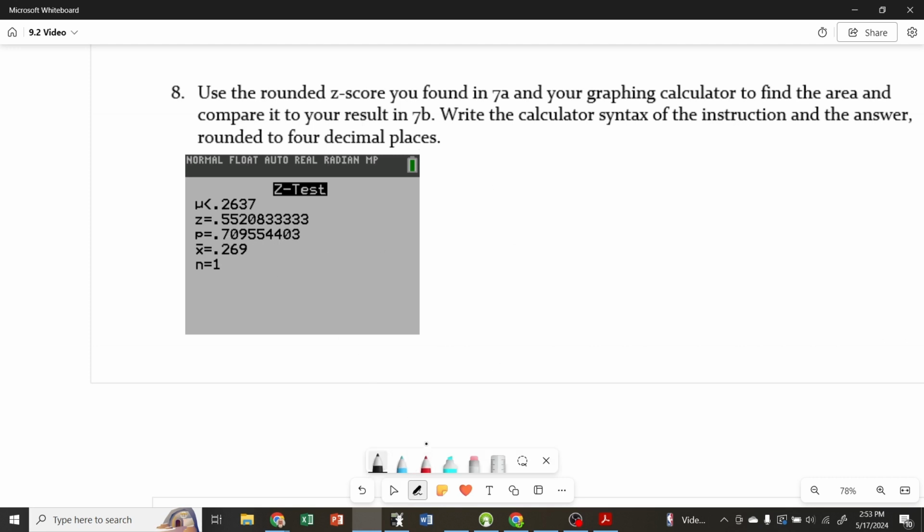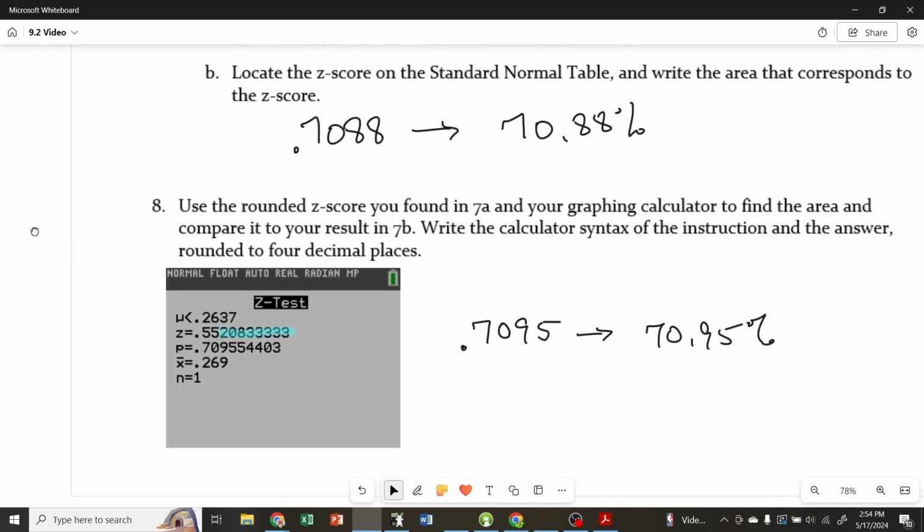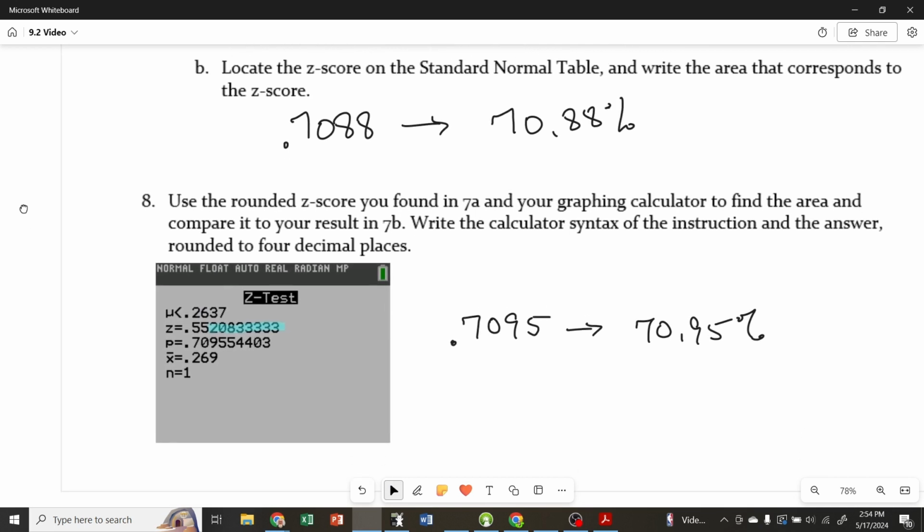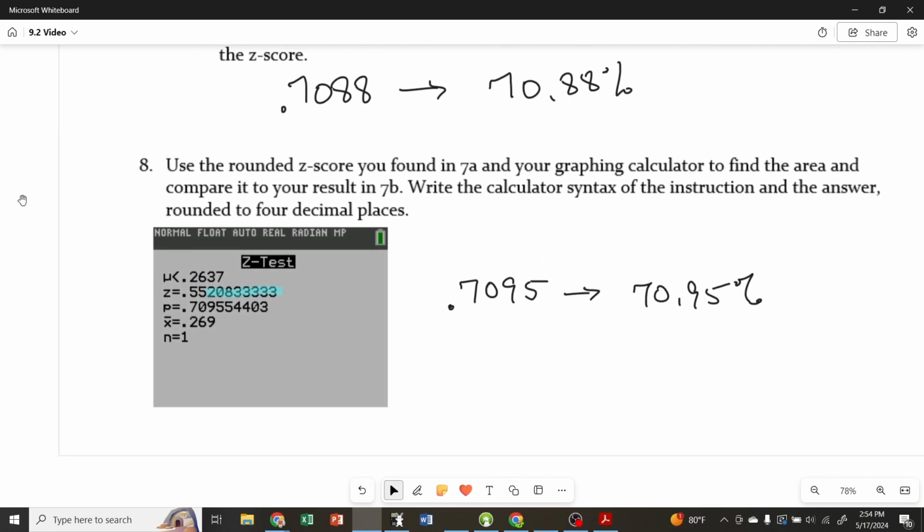The reason is that the table only went to 0.55, while the calculator goes all the way out here. So this would be 0.7095, which translates to 70.95%. That's not far off from our other answer from the standard normal table. That's a small discrepancy, a minimal difference.